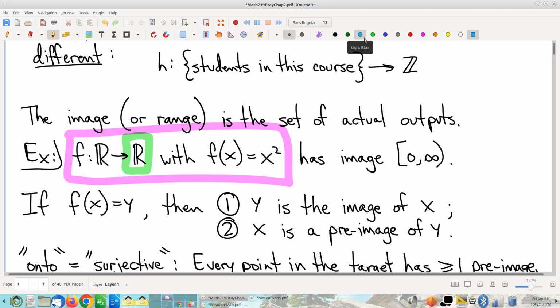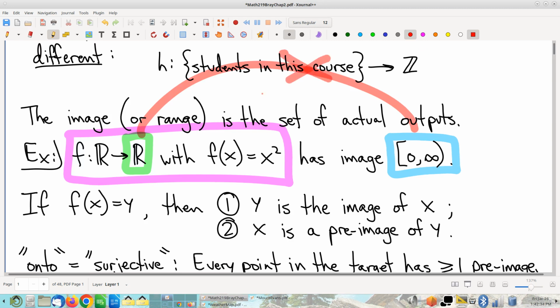If you take real numbers from this domain and square them, you will never get a negative number. So the image and the target are not the same. Those are different things. The relationship is that the image is always a subset of the target.